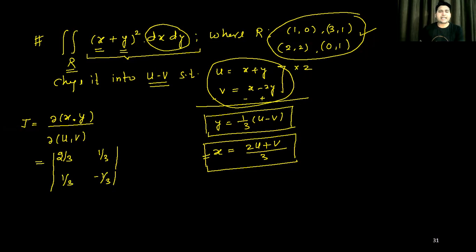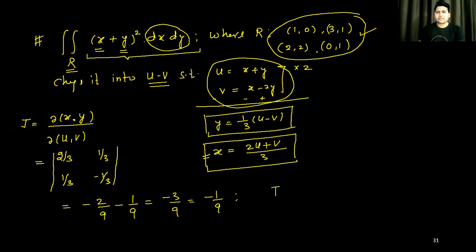I'm just using the concept that we discussed previously to find the Jacobian. Just expand the determinant. So this will be minus 2 upon 9 minus 1 upon 9. So this will be minus 3 upon 9, which is minus 1 upon 3.